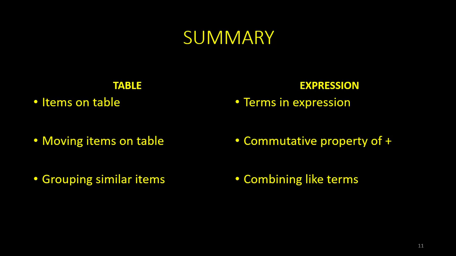We were able to move things around on the table. And we saw as we were doing that, we could also move things around in the expression. And that moving things around in the expression has a term, and it's called commutative property of addition. Commutative is from the word commute, which just means to move.